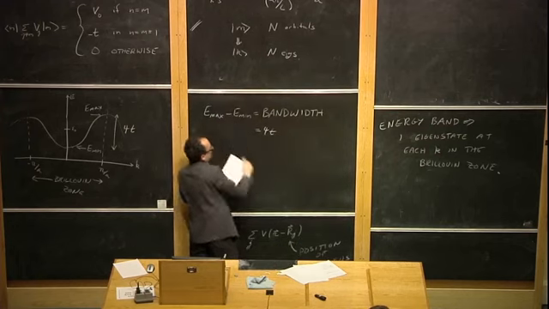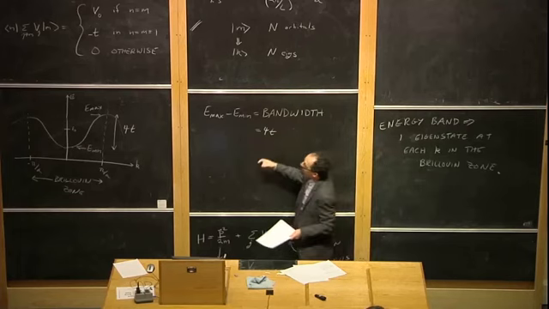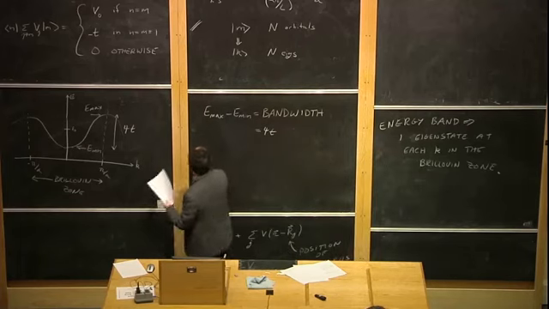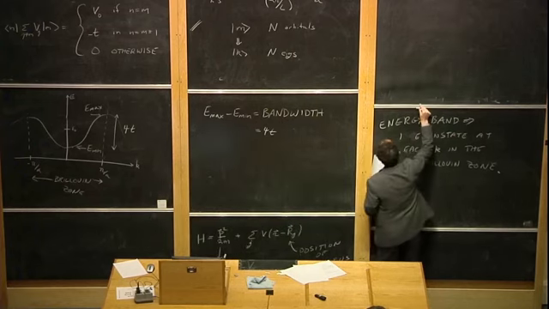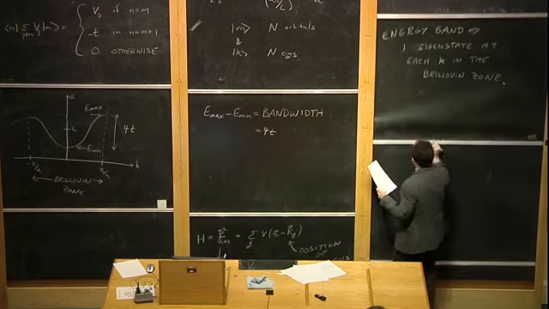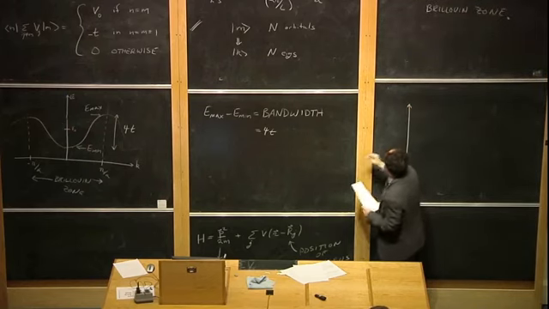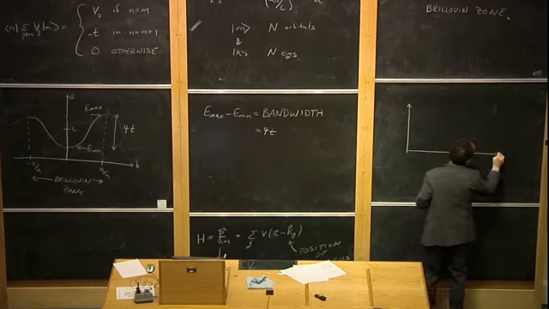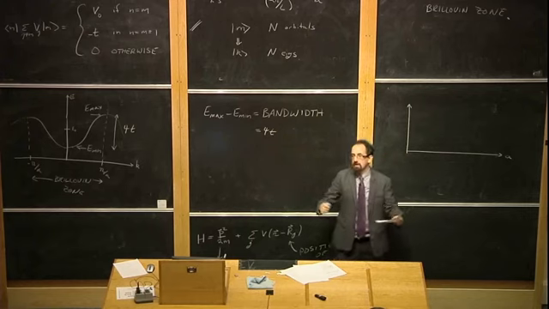Okay. Now, what does the bandwidth depend on? It depends on how much hopping you have. The more hopping you have, the bigger the bandwidth. So let's actually draw a little picture here. What does t depend on? Well, the thing we had at our disposal, the thing we could change, was the lattice constant a, the distance between the nuclei.